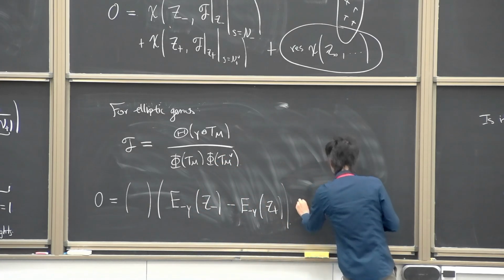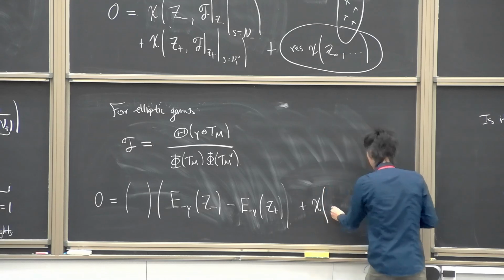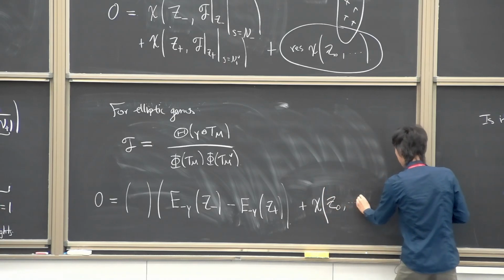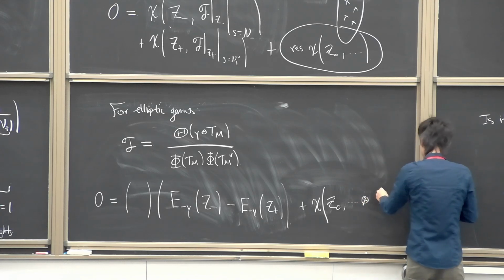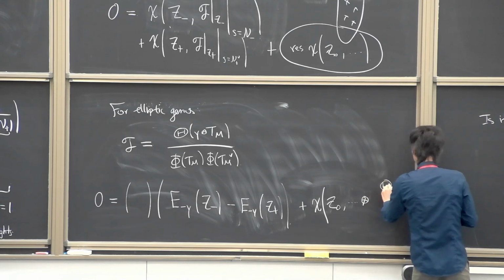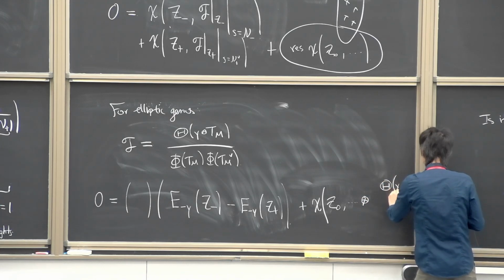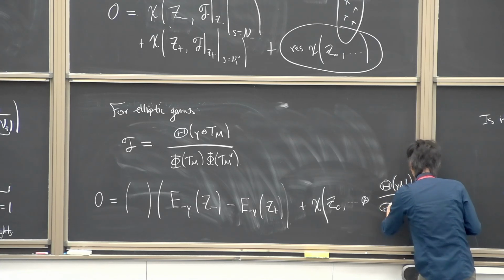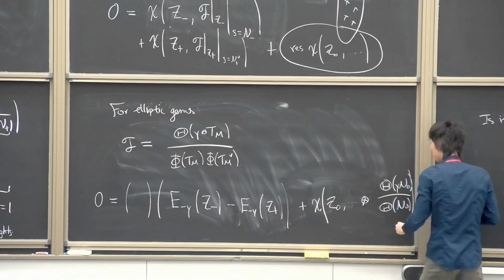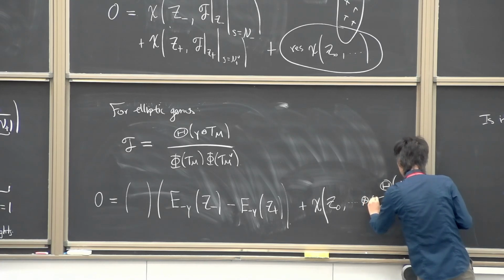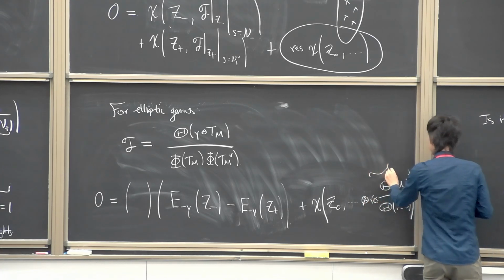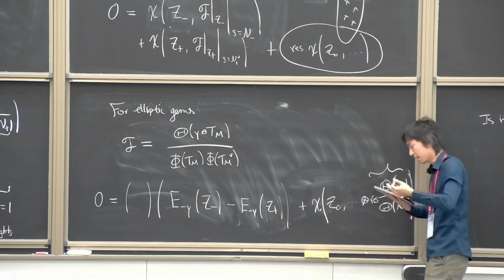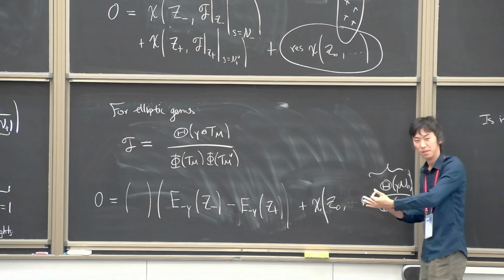And then you'll get some contribution from this annoying Z naught. There will be some stuff which is independent of s. And then you'll get the contribution from the normal bundle, which looks something like theta of y times the normal bundle over theta of the normal bundle itself. And you want to know, when does the residue of this thing vanish? The simplest possible wall-crossing formula is that nothing happens as you cross the wall.